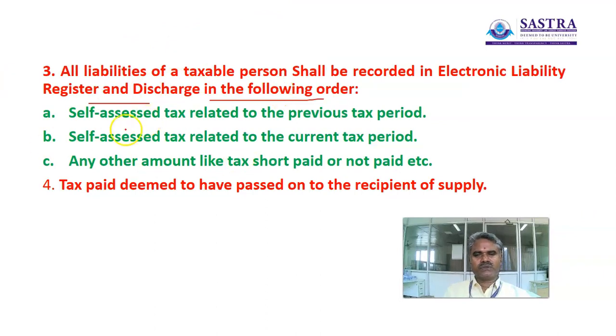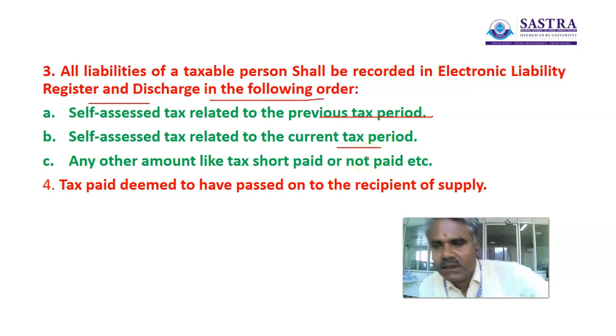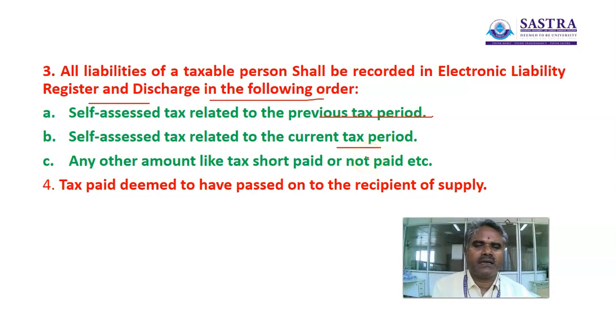But you have to settle the money in the following order. Self-assessed tax related to the previous tax period. Self-assessed tax related to the current tax period. Any other amount, like tax short paid or not paid previously, can also be paid during the year, but they will be paid after paying the last year's dues and current year tax, and any penalty.